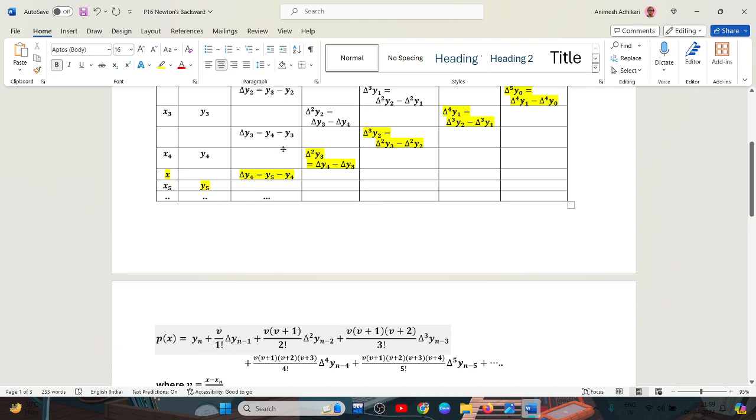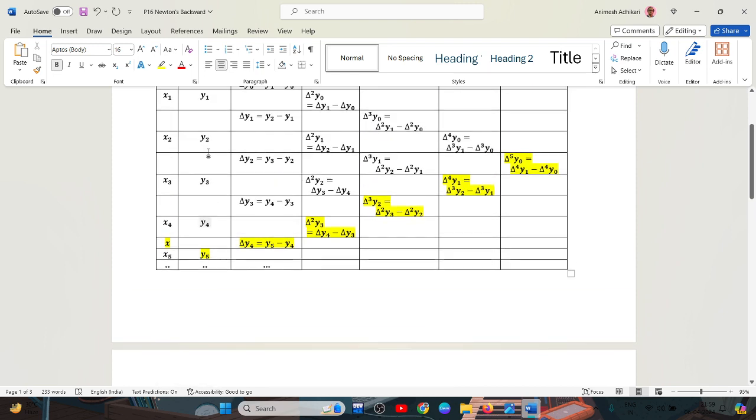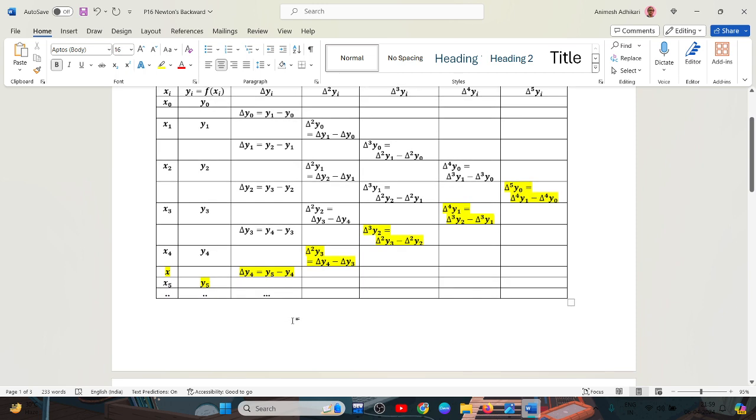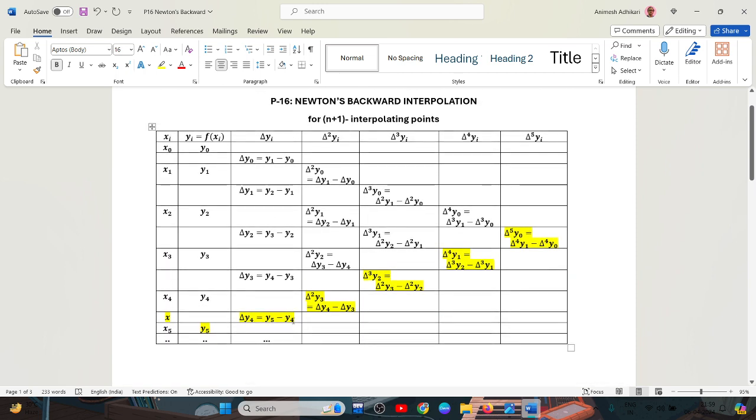In this example there are 5 plus 1 interpolating points, but in the given problem there are 9 plus 1 interpolating points, so this is y9, and delta y8, delta 2 y7, delta 3 y6, delta 4 y5, delta 5 y4, and so on.